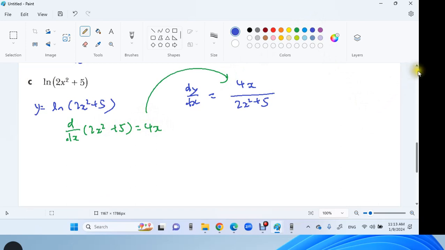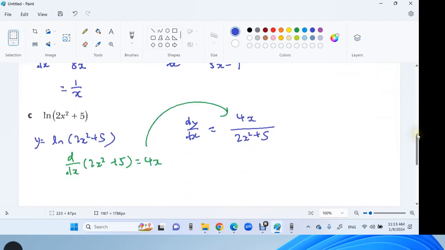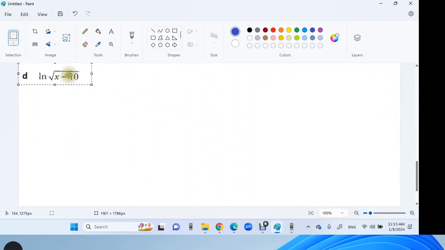Okay. Next, we have ln square root of x minus 10. So we have y equal to ln of x minus 10 to the power of half.